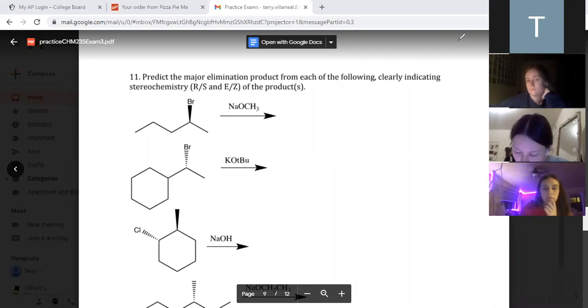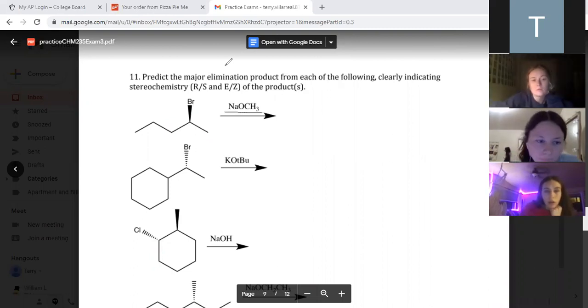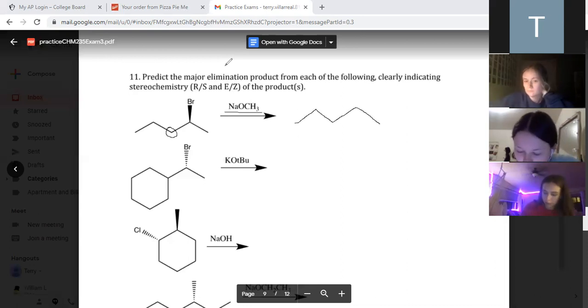Hofmann versus Zaitsev. We know that these are E2 reactions. Small base or bulky base? Small base. So we're going to take from the more substituted carbon. So our bond should look like this, and that is the E product.